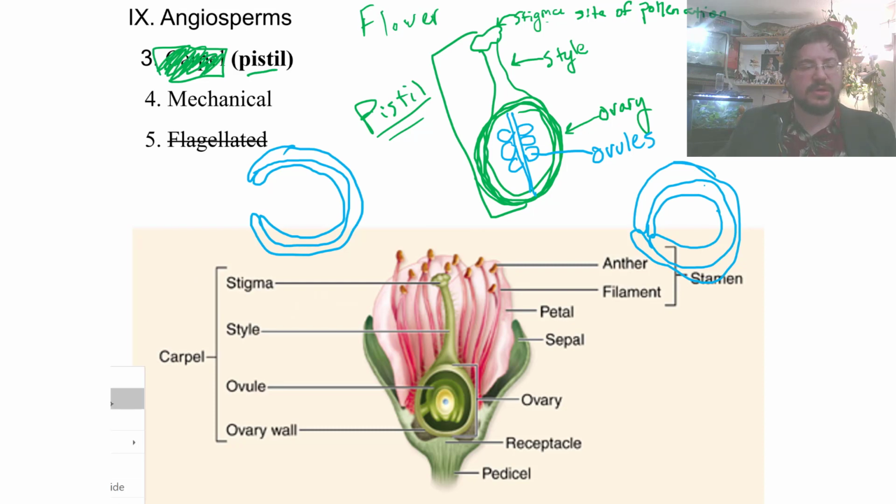And inside those 2 layers of integument are all the standard things, right? We have the megasporangium.